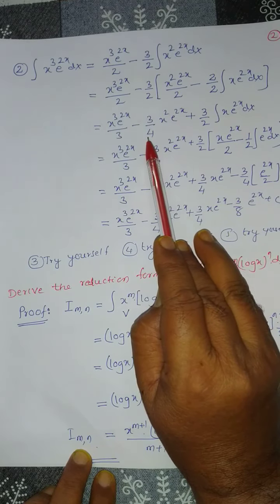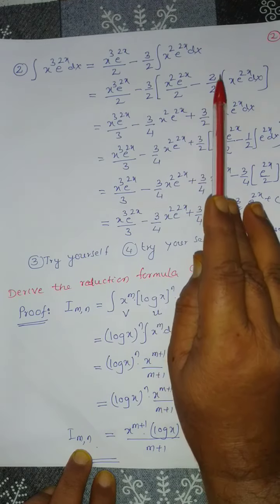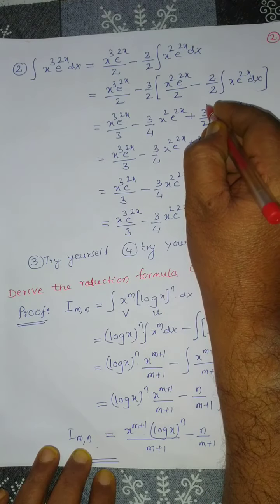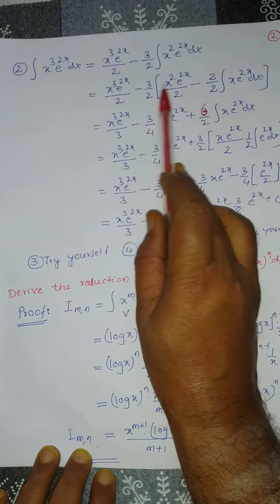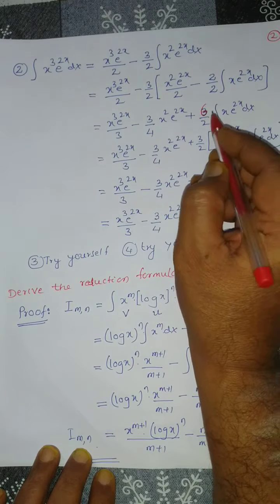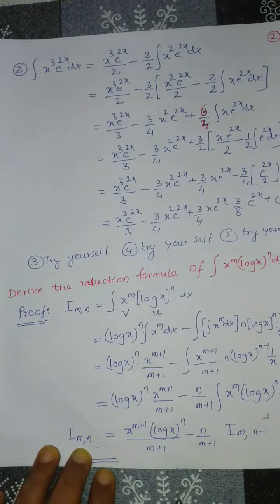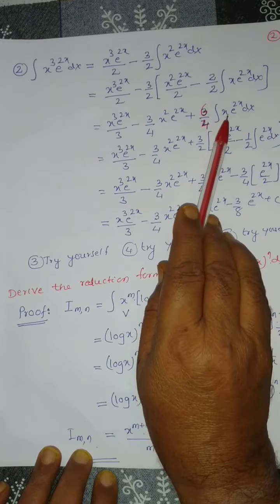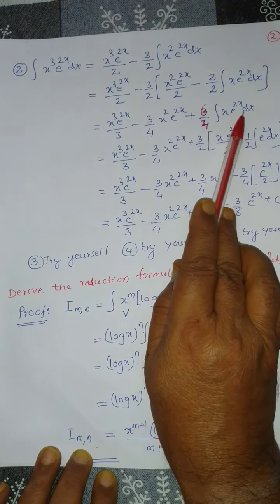So simplify this. It is x cube e raised to 2x upon 2, minus 3 by 4 x square e raised to 2x, minus into minus it is a plus. So 3 by 2 into integral of x e raised to 2x dx.